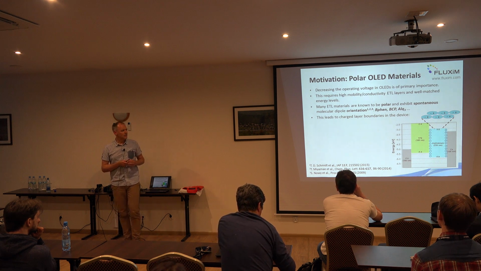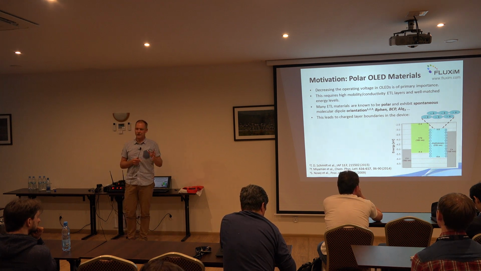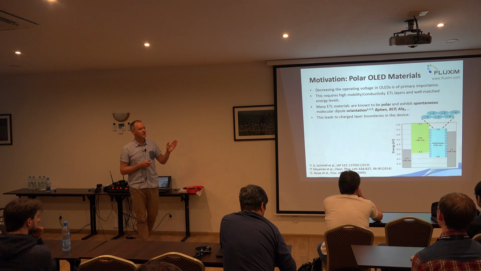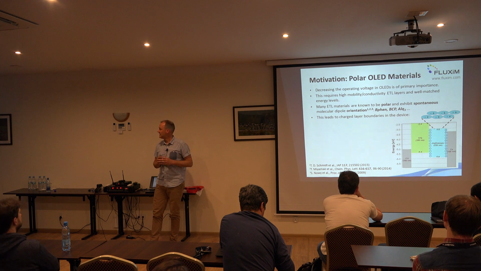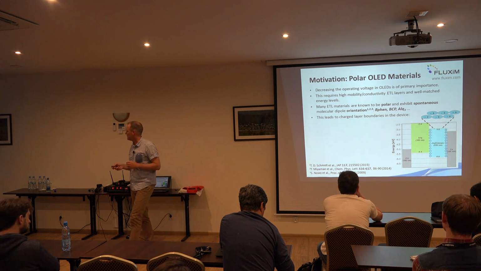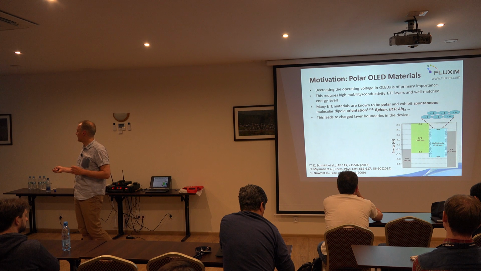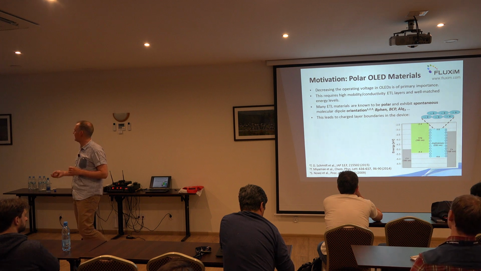Now let me comment on the 2 or 3 case studies. First case study is on polar ETL materials. And this is again the 30-year-old OLED with Alq3 as an ETL layer.